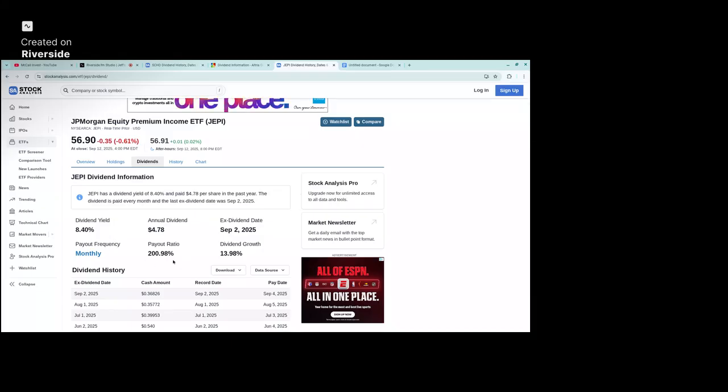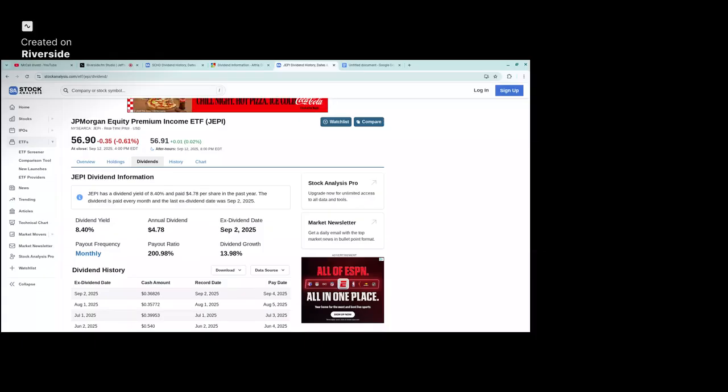Obviously, there are some reasons why I don't invest in it, but one benefit I do want to share is that it makes it very simple when you're trying to calculate monthly expenses or replace a mortgage. This one pays monthly, so it's a little easier to find those numbers and do the math. All I did here, guys, was take the annual dividend, which is $4.78.